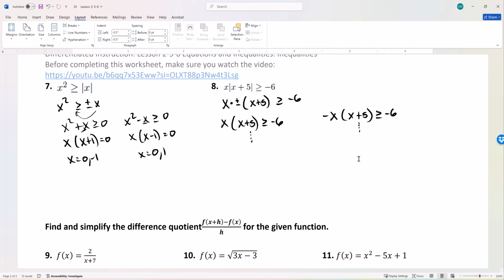You can test them. 0 works, negative 1 works, 1 works. So then those are our boundary points. And that means you have to test values in between, like negative 1/2, positive 1/2. These are closed circles.